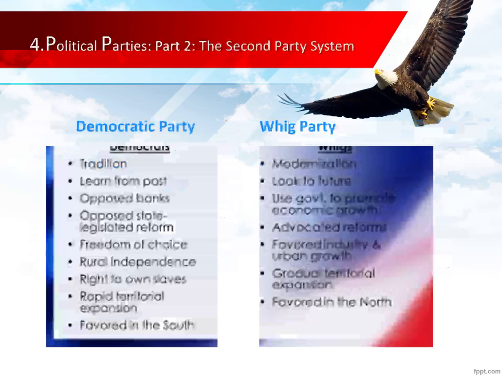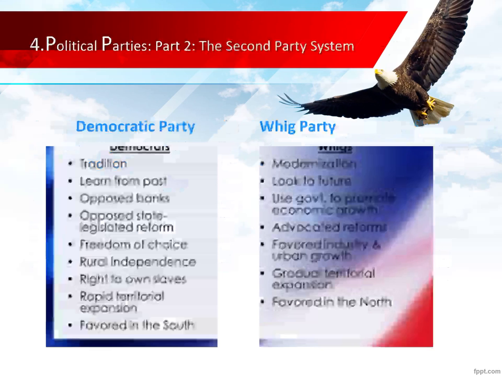And the Whig Party, in a way, kind of got the rich people of the Democratic Republicans and the wealthier of New England, and they coalesced into the Whig Party. The gradual territorial expansion was actually an idea of Thomas Jefferson, because he wanted that yeoman farmer. And to get that, you have to have that gradual expansion, and they make a farm and they make it work. This was highly favored in the North.